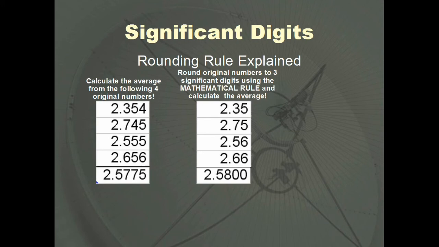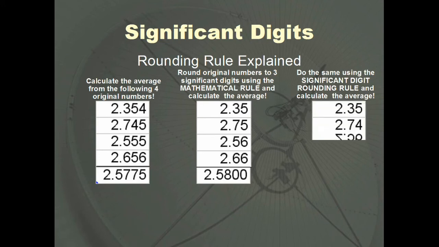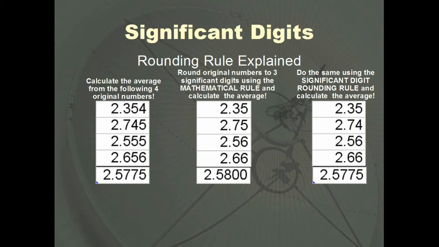Well, let's try our significant digit rounding rule, where we always round toward even. Here are the numbers. The first number would round to 2.35. The next number, however, would round down to 2.74 because 4 is the closest even number. The next number, 2.56, follows the mathematical rounding rule, and the next number, 2.66, also does it.